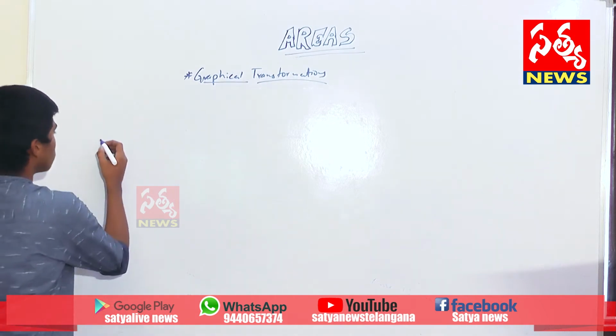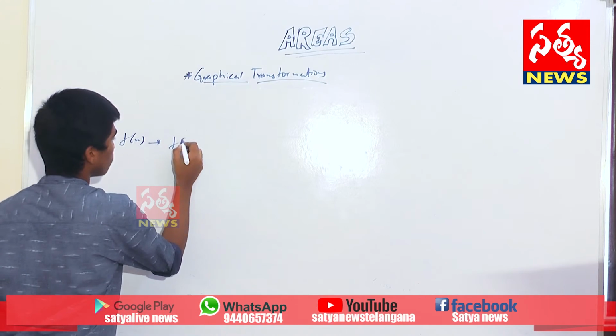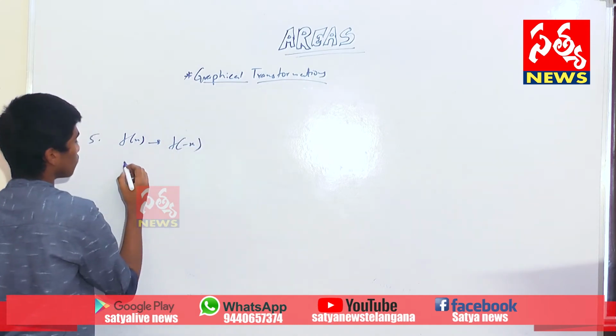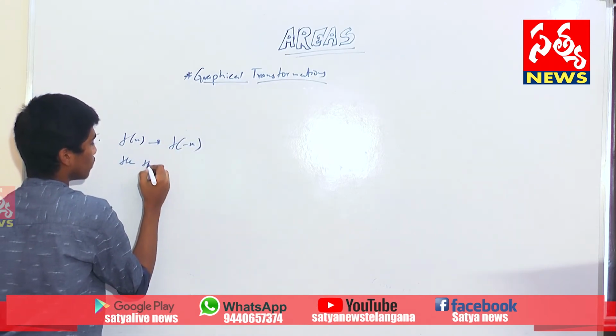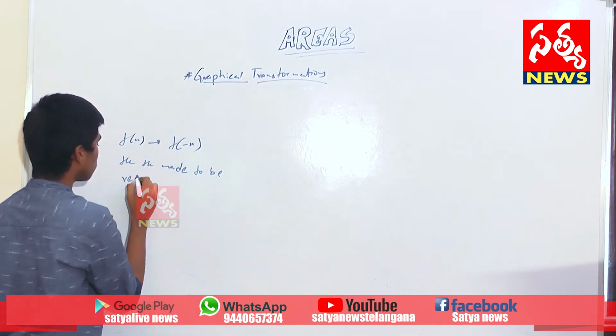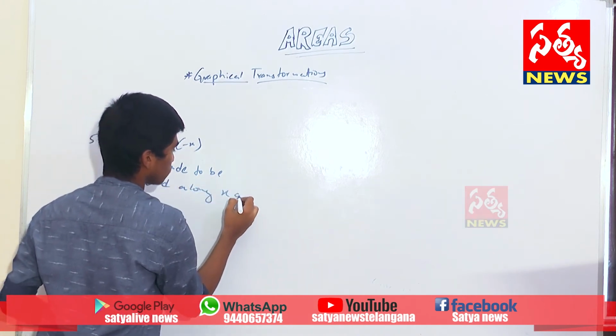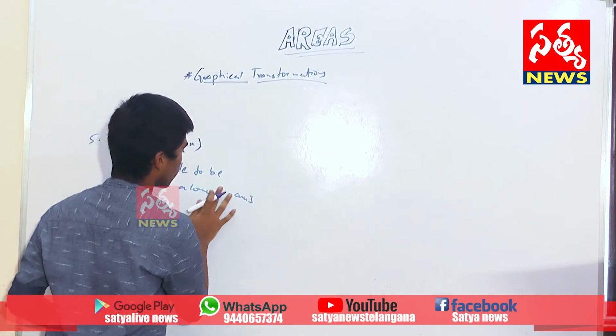And the fifth one is the reflection property, which is f of x made to f of minus x, then the curve is reflected along y-axis.